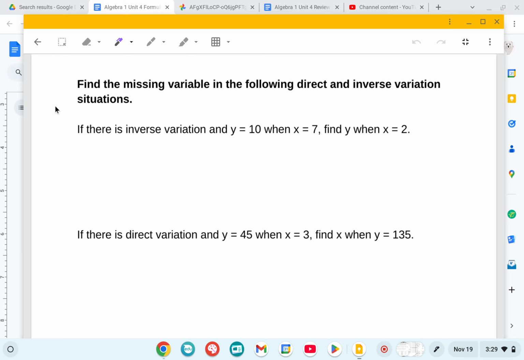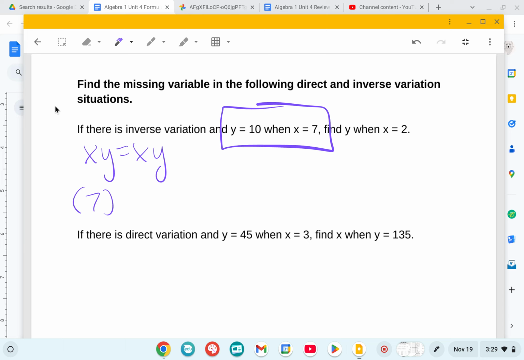So we're going to do xy equals xy. The first one is going to be this xy right here. So we're going to do 7 times 10. And then the second xy is going to be this group of numbers. We don't know what y is, so we're just going to do 2 times y.